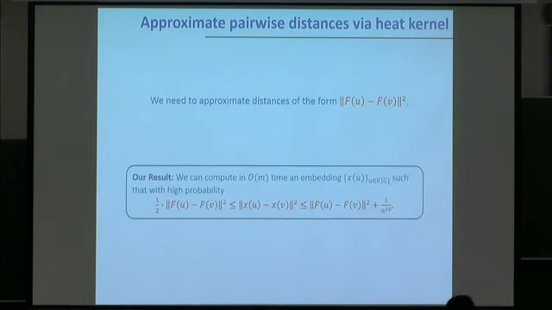The first result is that in linear time, we can compute an embedding X(u) such that the L2 squared distances between all the embedded points using the embedding X give a pretty good approximation of the spectral embedding up to a constant factor. I won't discuss the details about how to obtain the embedding, but let's assume that we have this embedding for free, and let's see how to speed up the k-means algorithm.